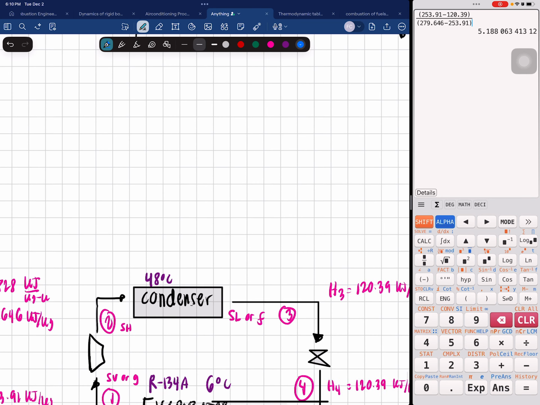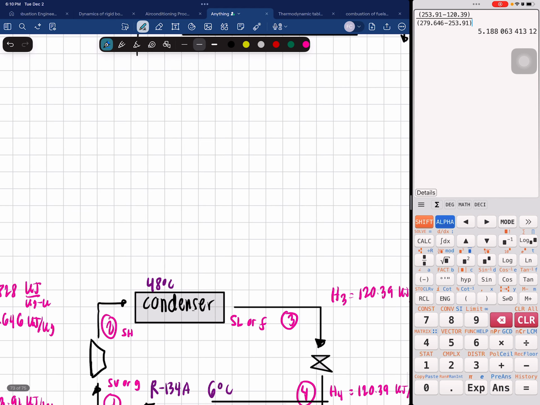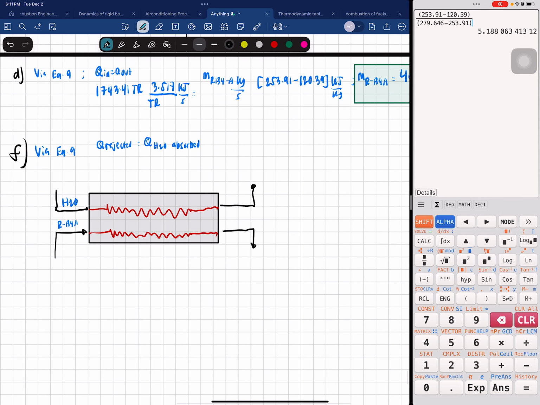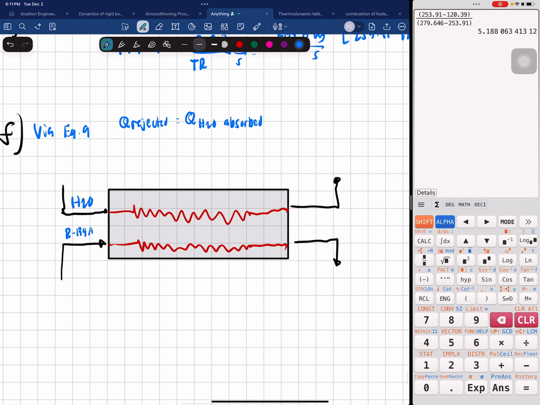It's really not mentioned in the system, but it kind of looks like this. There is water that is used to cool your condenser. The temperature change is 10 degrees Celsius, meaning the DT is your T out minus T in of water.